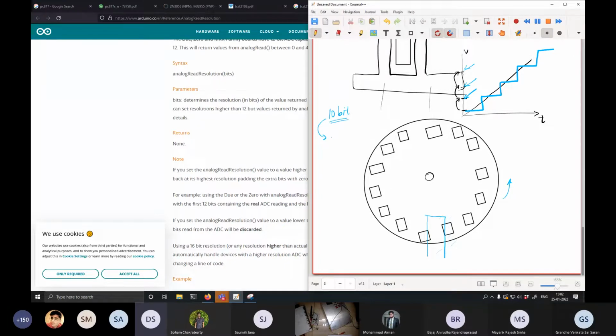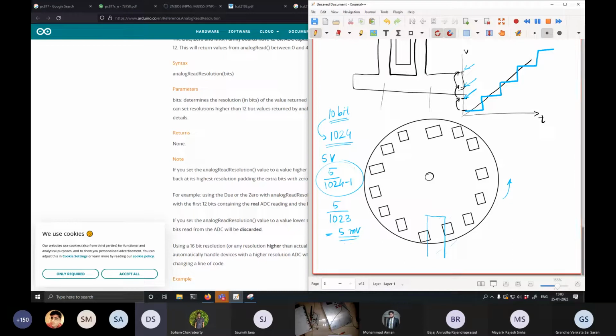A 10-bit microcontroller has 2 to the power 10, meaning 1024 levels of resolution, and at 5 volts, if the resolution is 10 bit, then you get 5 divided by 1024 minus 1. This is the minimum voltage you can measure. So it's 5 divided by 1023, which is something very close to 5 millivolts.